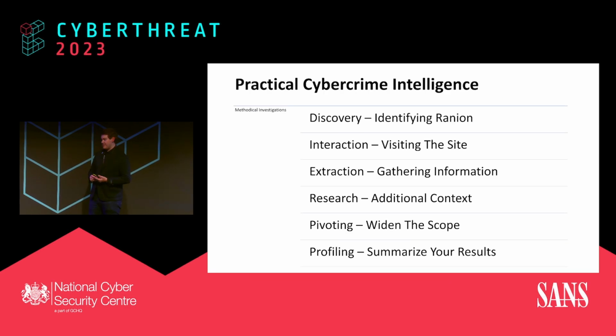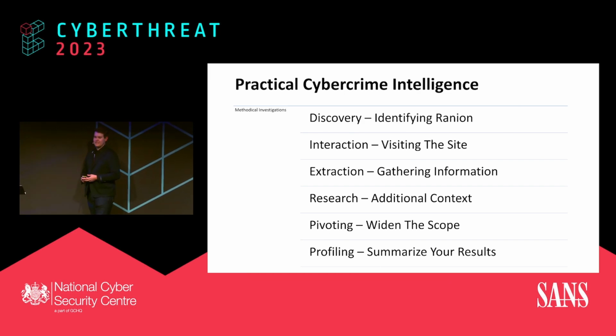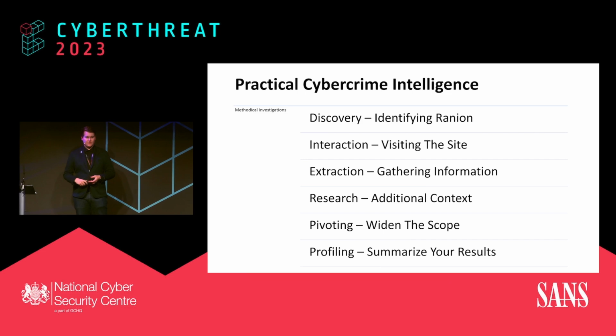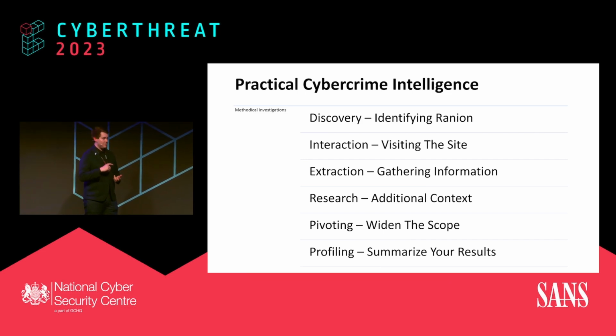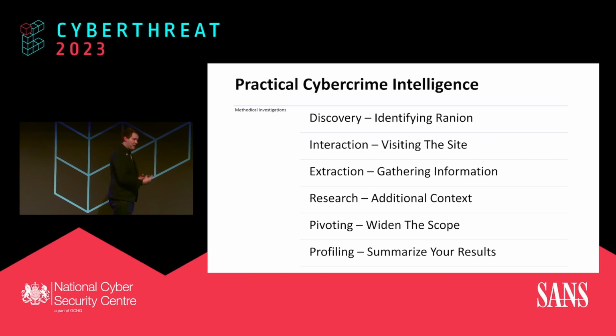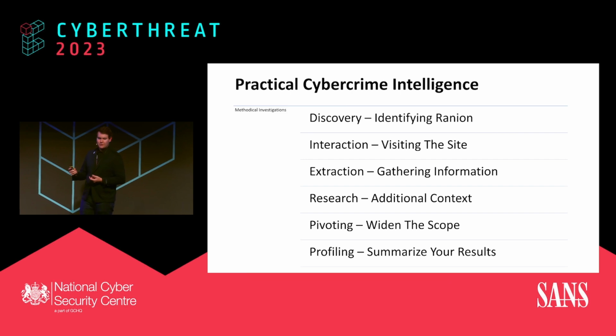Hopefully you understand the process that I wanted to explain today. Firstly, there are multiple stages: discovery, interaction, going to the site and gathering information from the site itself, extracting that information, and then pivoting on it as well.